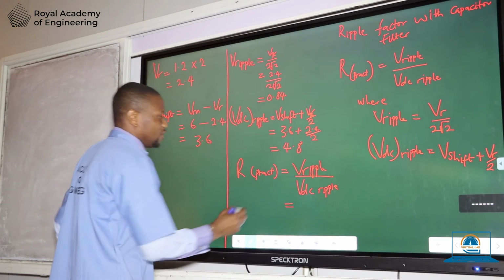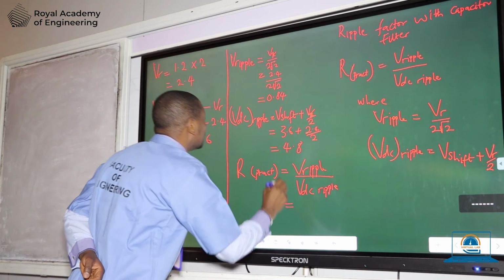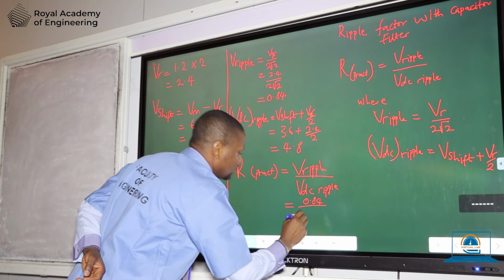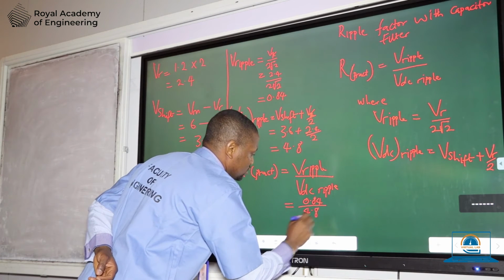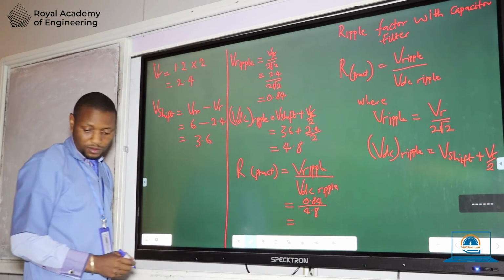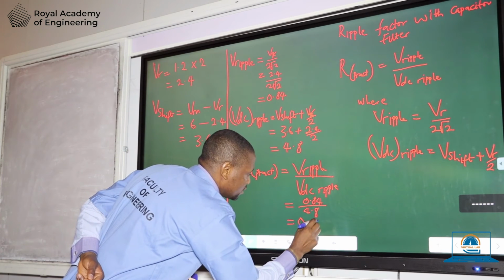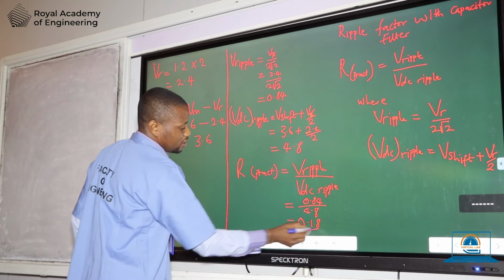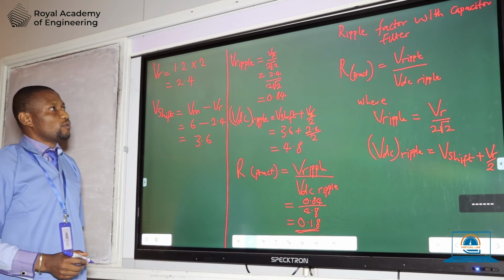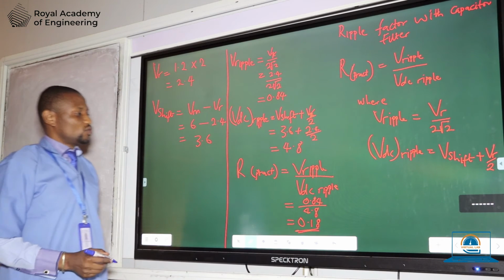We input the values, which we're going to have 0.84 divided by 4.8. This leaves us with 0.18. 0.18 is the value we are having as our ripple factor when we have capacitor filter added to it.